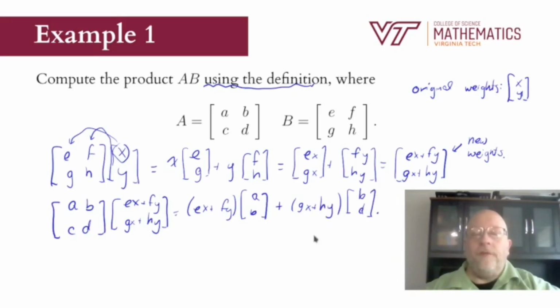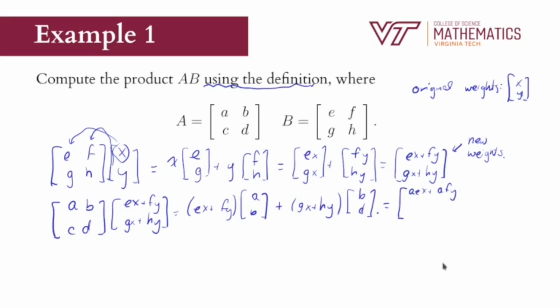Making progress. So let's work all this out. This is A times EX plus AFY. And you can't see that, so let me disappear. BEX plus BFY, plus that's a C. First column is C. I messed that up.